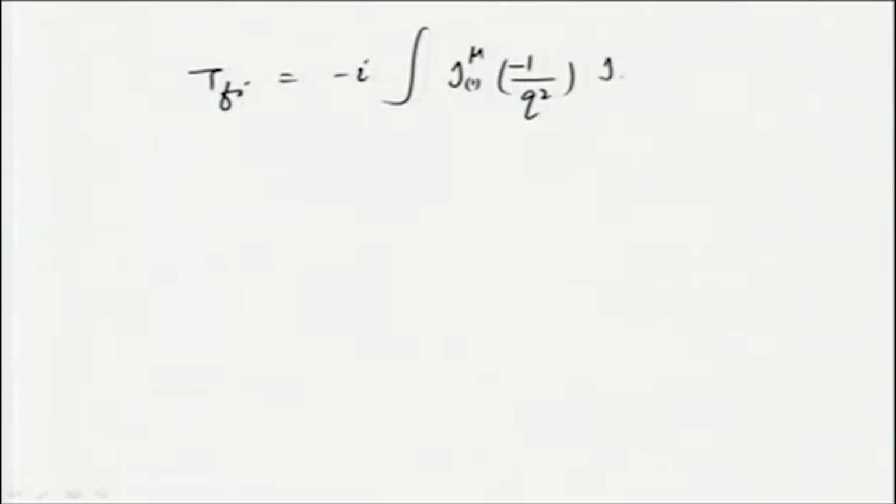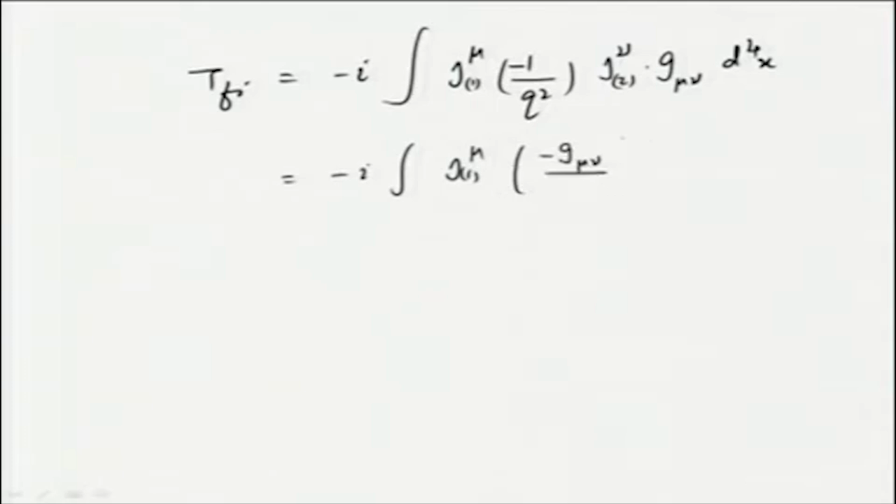So, J2 nu I want to write, but then I should have a G mu nu, so that everything is properly integrated over for momentum, for position coordinates. So, I will take it as integral J1 mu. Let me take this G mu nu with this q square and write it as minus G mu nu over q square J2 nu.